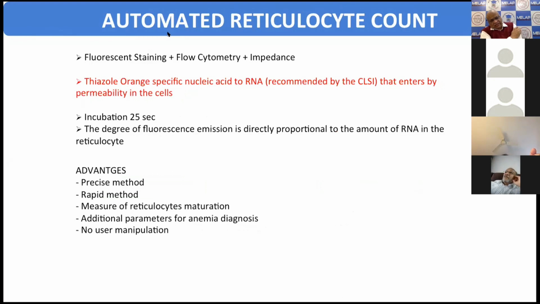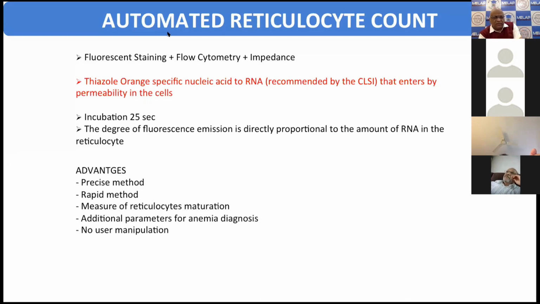Another thing, which most of the machines these days are providing to us, is automated reticulocyte count. In this, there is fluorescent staining, flow cytometry, and impedance. Flow cytometry tells us about cytoplasmic content, and impedance tells us about cell volume, or you can say cell size. Both have certain advantages.